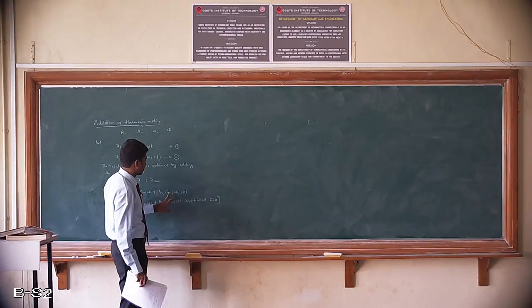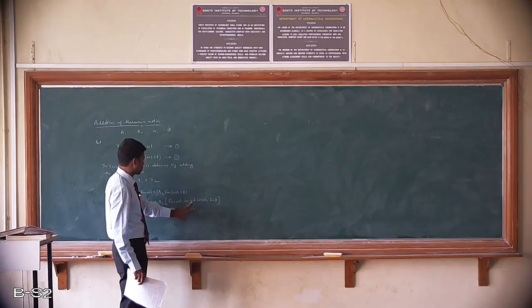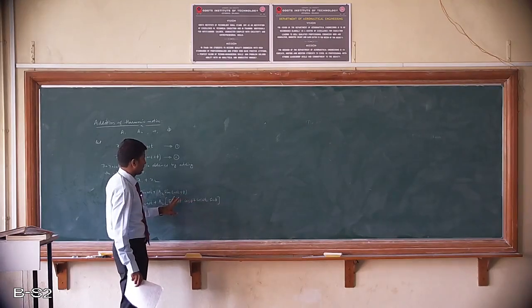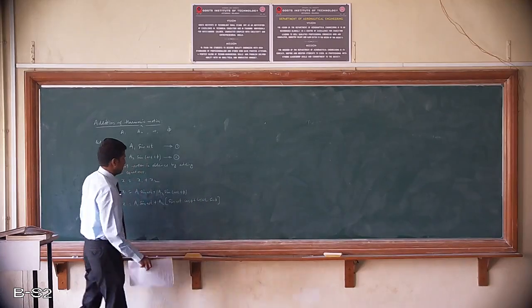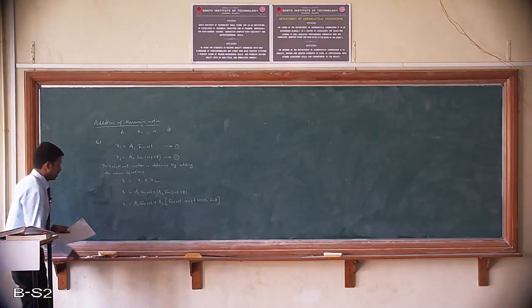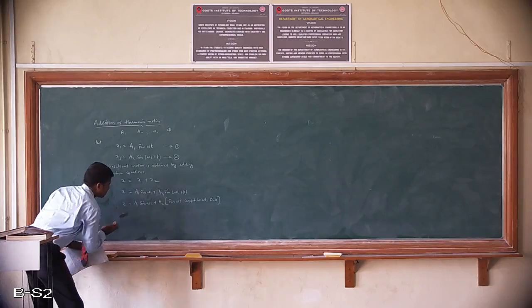So what is the equation? sin a cos b, so sin ωt cos φ, plus cos a sin b, so cos ωt sin φ.